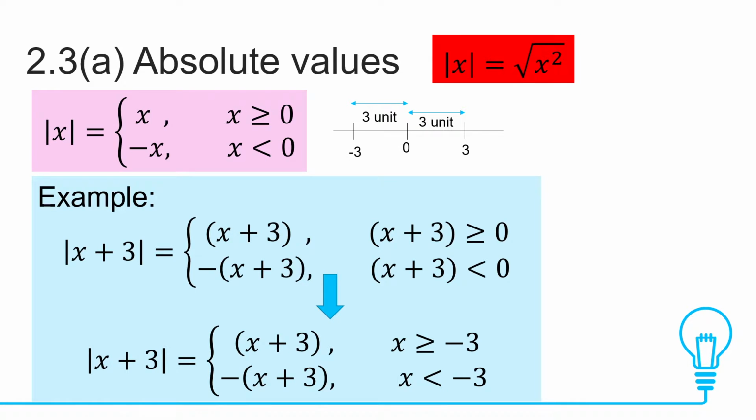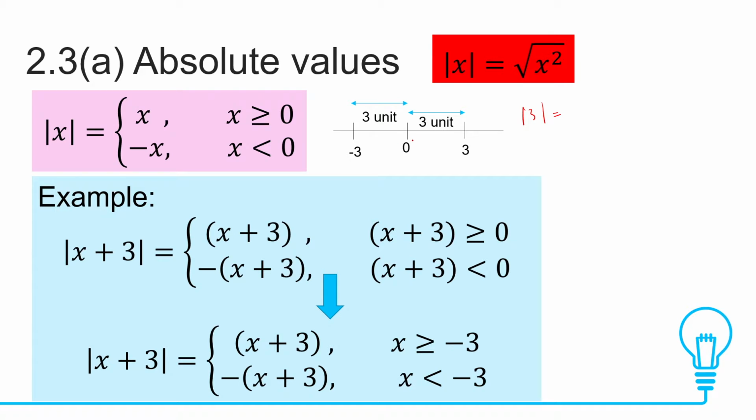Absolute value, or you can call it the distance from zero. So when you have something called absolute 3, actually it is the distance from the origin. Because of this term we don't have a negative value.